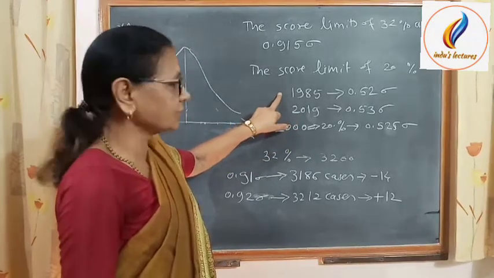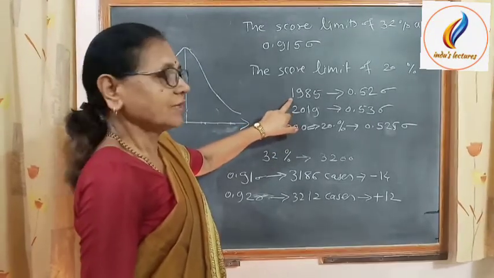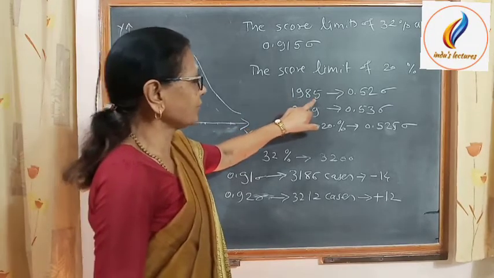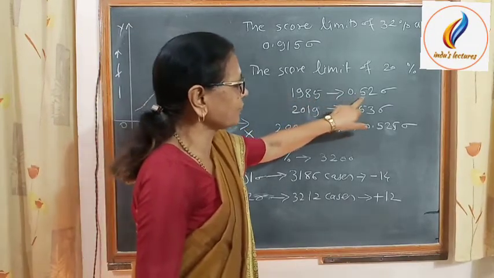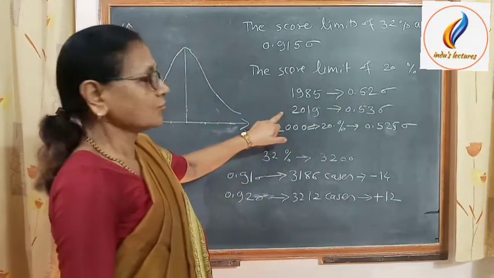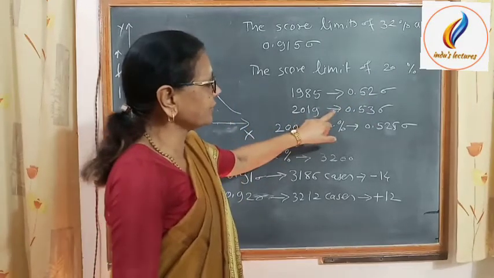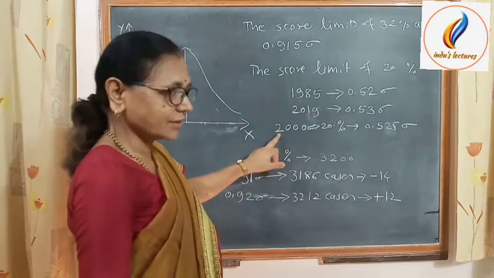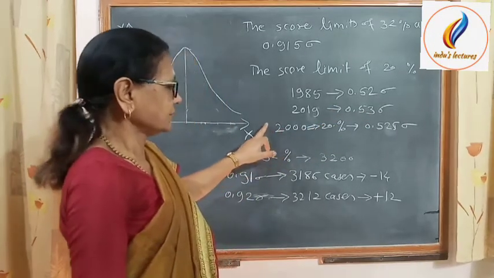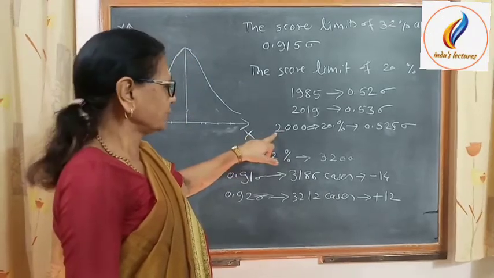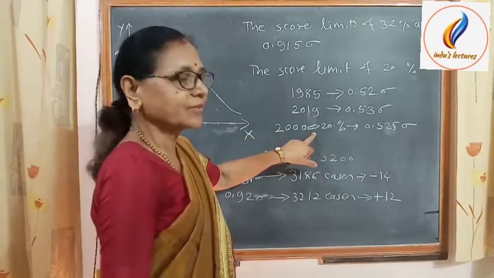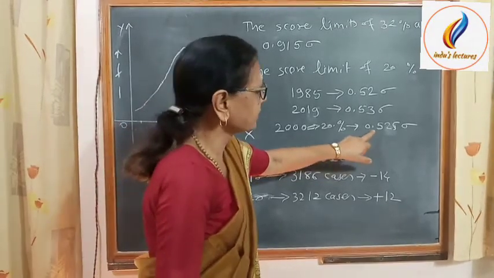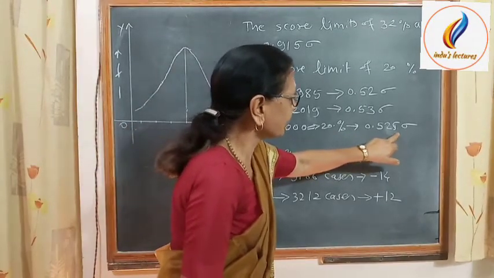We have found that there are 1985 cases between mean and 0.52 sigma, and 2019 cases between mean and 0.53 sigma. Therefore we consider the number of cases 2000 between the mean and score sigma as 0.525 sigma.